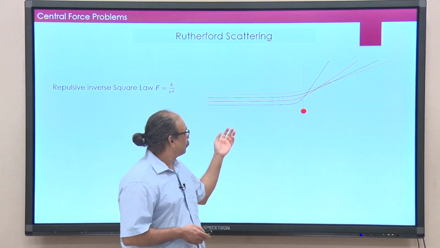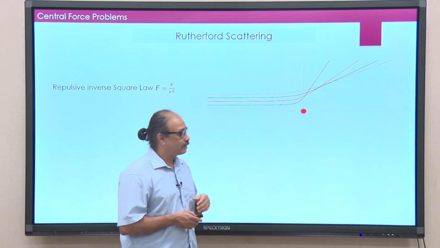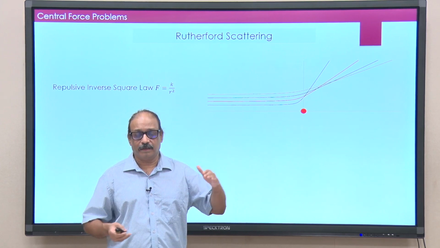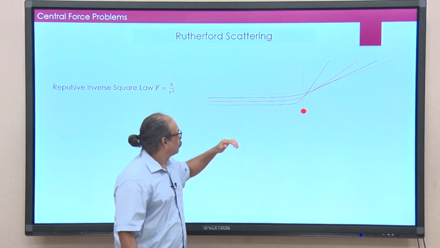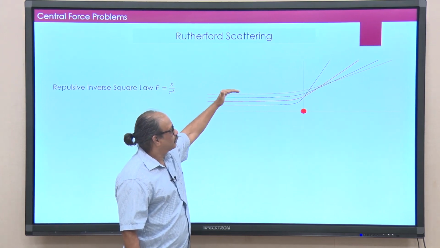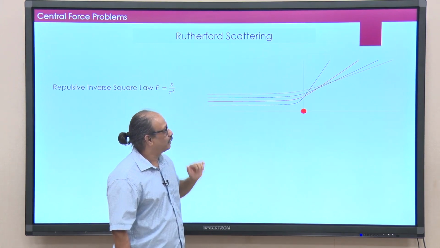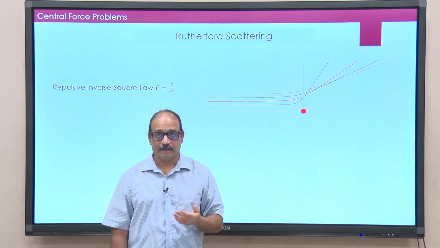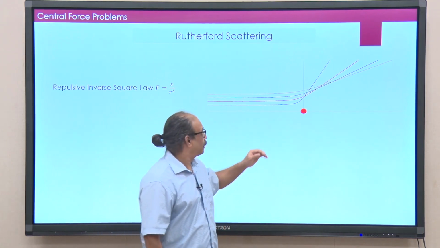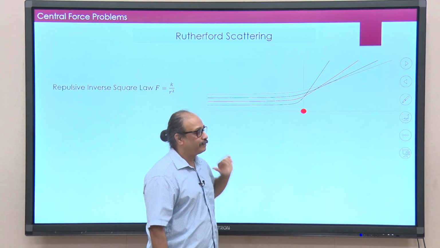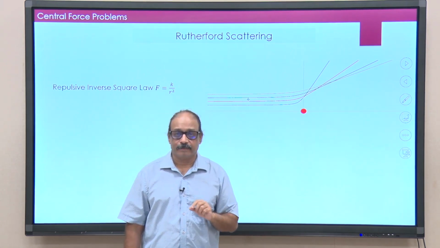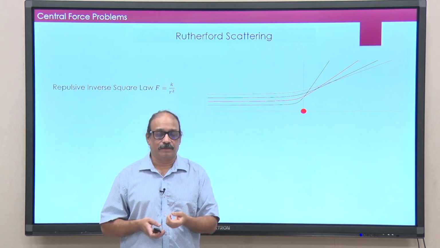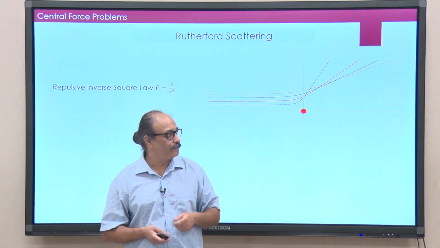All the trajectories follow the same pattern, except that the potential diminishes as you go away from the scatterer. So, if the impact parameter is larger, for example this light green trajectory here, then the deflection is less, whereas if the impact parameter is small, it goes very close to the scatterer, in which case the deflection will be more.